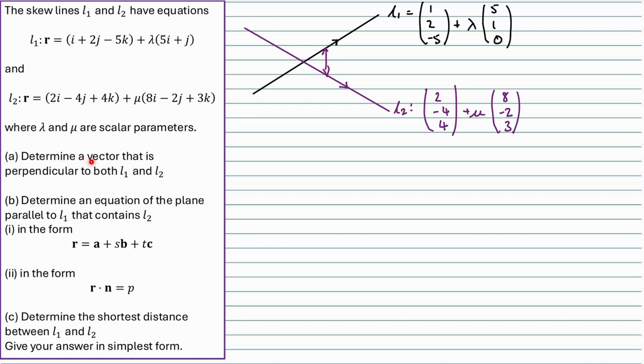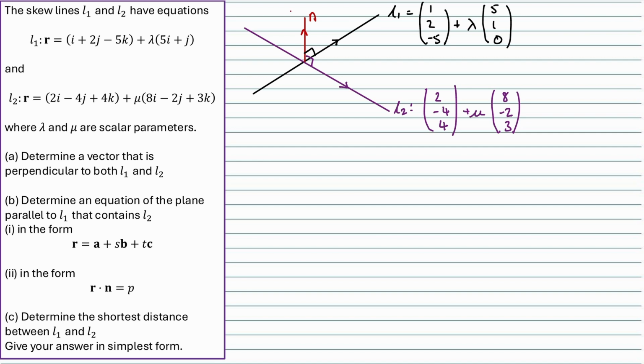We need to determine a vector that is both perpendicular to L1 and L2. So we can imagine n as being a perpendicular vector passing through L2 and then carrying on to pass through L1. So we'll have a perpendicular angle with L1 and a perpendicular angle with L2.